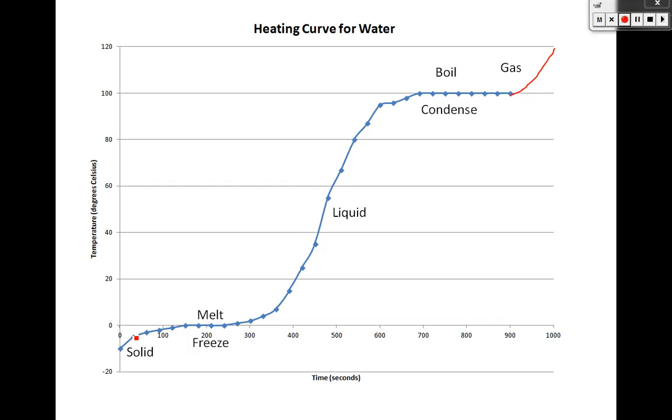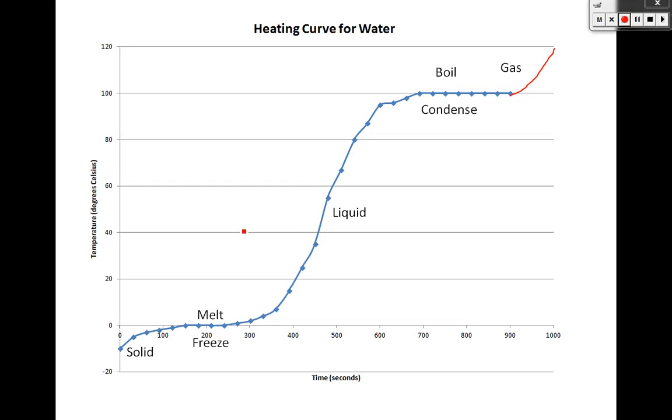And just like density, where if you had something's density, you could figure out what the substance was. Remember, we said that's a characteristic property of matter. Melting point and boiling point are also characteristic properties of matter. So if you saw this curve and it didn't say it was the heating curve for water, but you knew that water melted at 0 degrees and boiled at 100, you could tell that it's water.